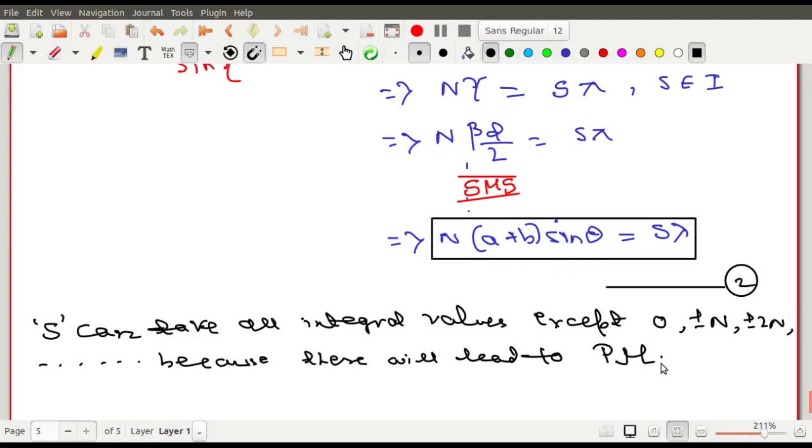From here you will get principal maxima, right?